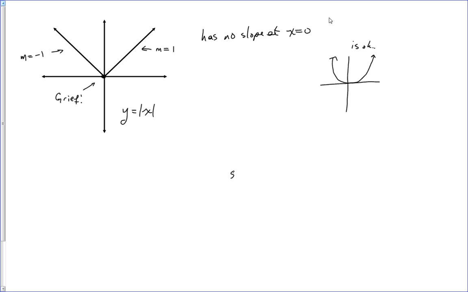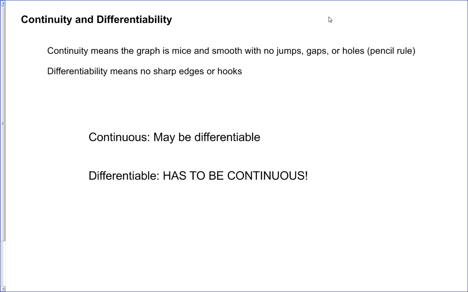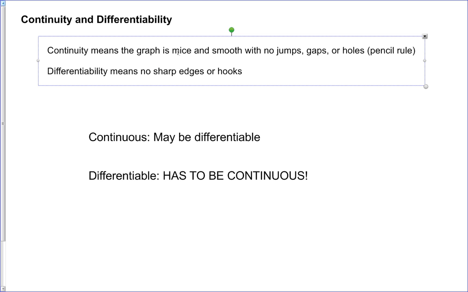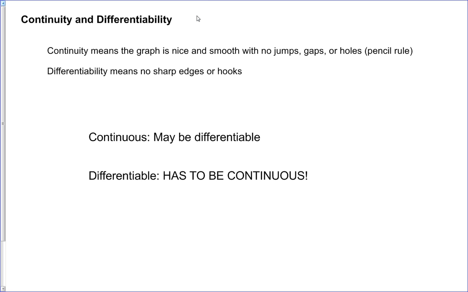Alright, moving on. Continuity and differentiability. Continuity means that the graph is nice and smooth, with no jumps, gaps, or holes. If you remember back to the pencil rule, to be continuous, you have to be able to draw your graph without lifting your pencil.